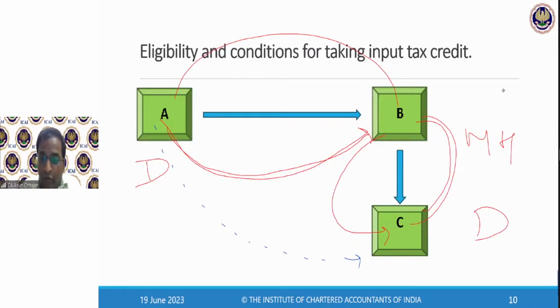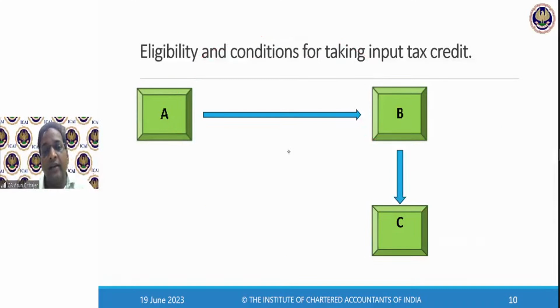So in case of the bill to ship to model, one person will give the direction to the supplier to kindly deliver the goods directly to my customer. In this example, B will say to A that kindly deliver the goods directly to C.